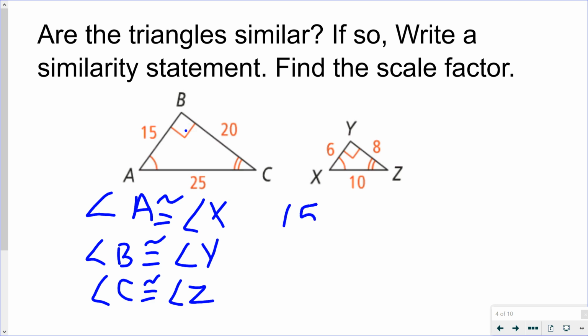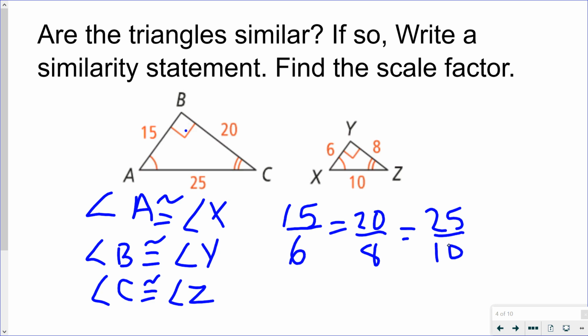So 15 to 6 equals 20 over 8, which is equal to 25 over 10. Now, to see if these ratios are the same, we can reduce these fractions to lowest terms. So the first fraction can be reduced to 5/2. The second one can be reduced to 5/2. And the third one can also be reduced to 5/2.